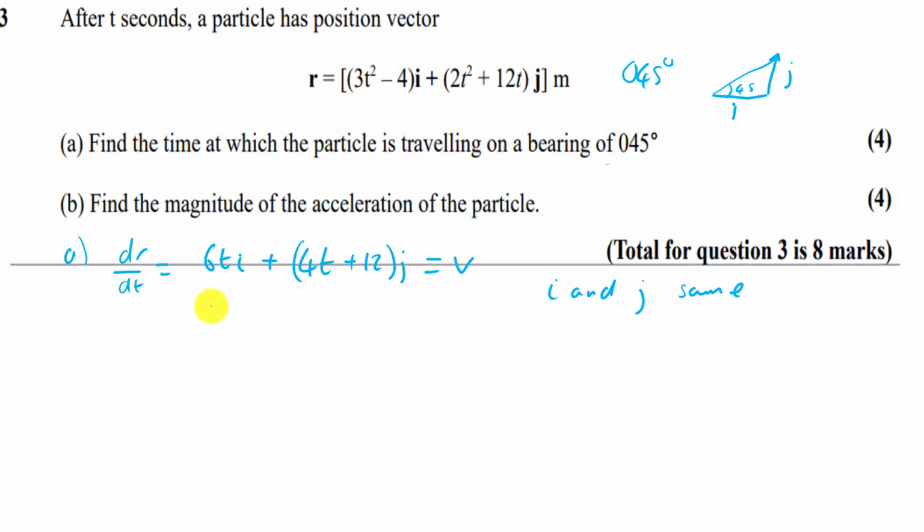So what that essentially means is this has to equal some kind of multiplier of i plus j exactly. Right, so do you know what you have to do from here? Nia, any ideas?